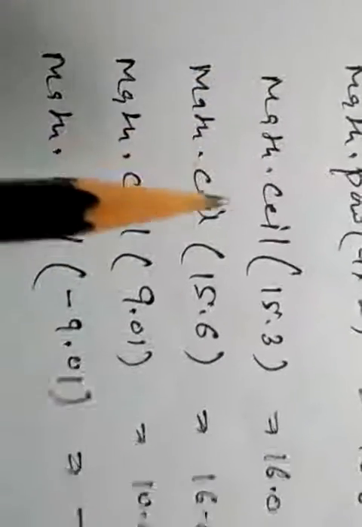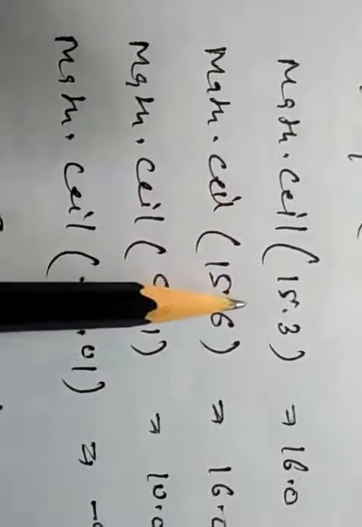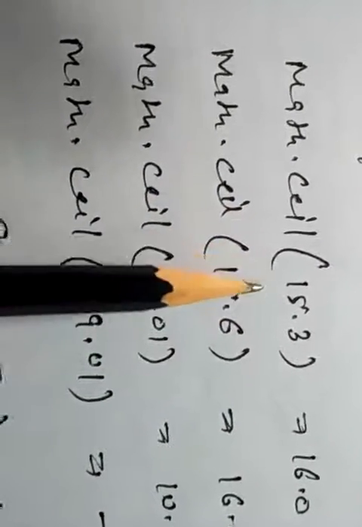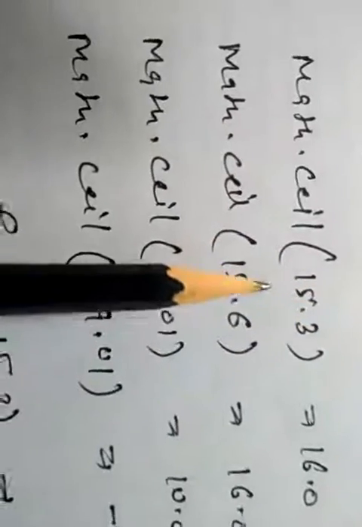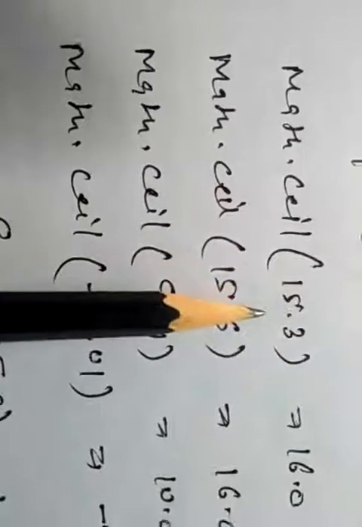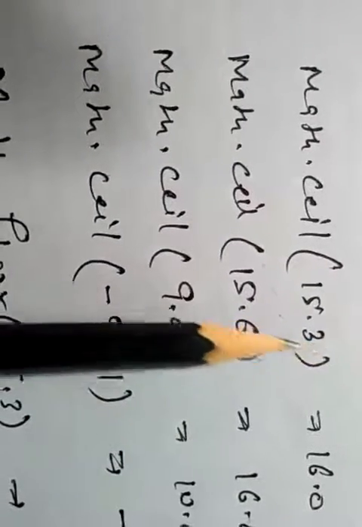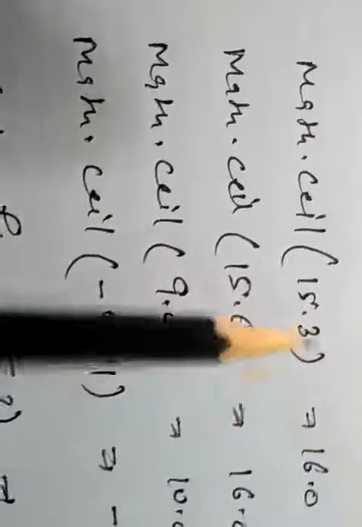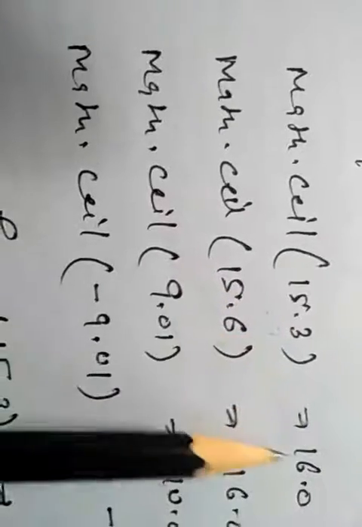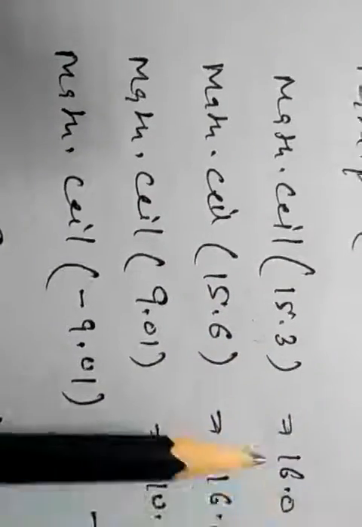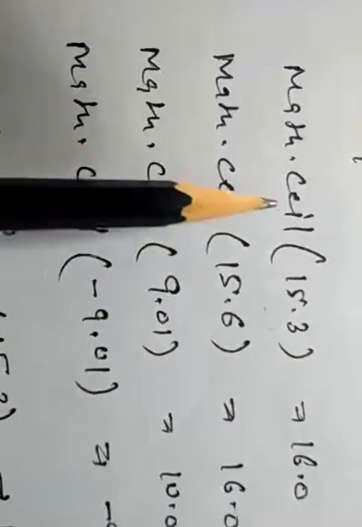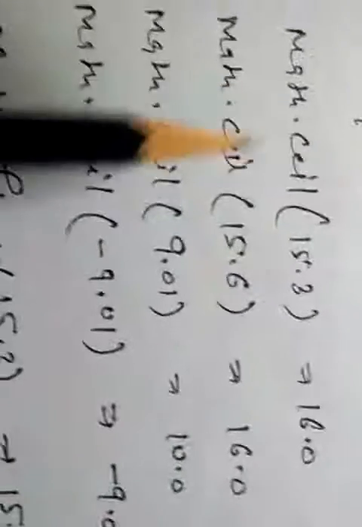Next function of the Math class is ceil. This will give only the upward value, the next integer value, and the answer will come in double. If any decimal value is more than 0, then the answer will be the next higher value. So 15.3 will be 16.0. Ceil stands for ceiling, and ceiling is an upper value.